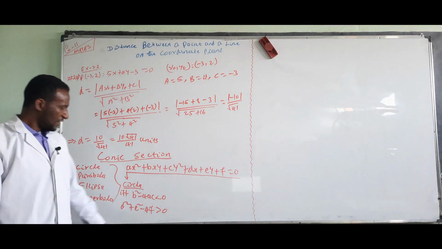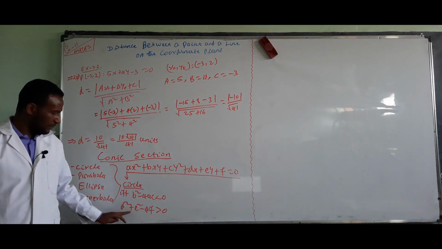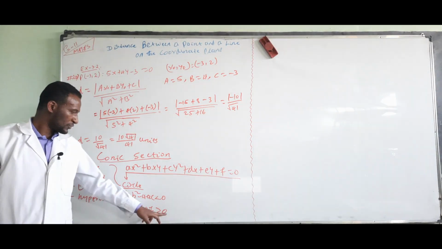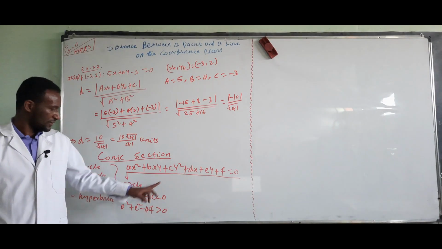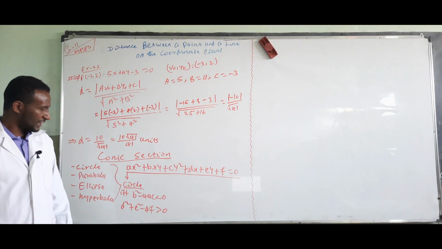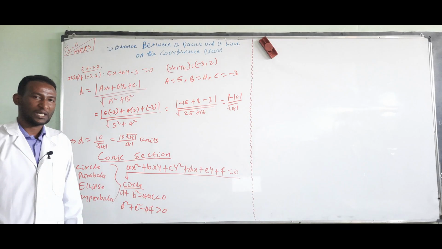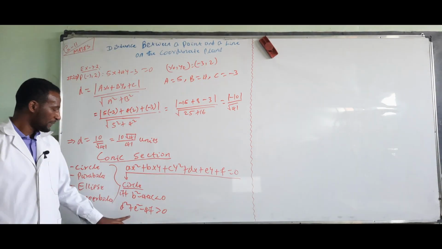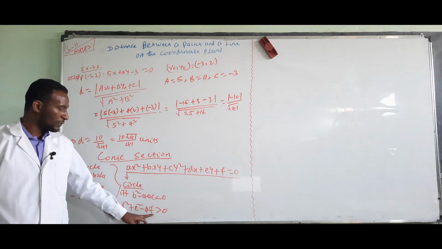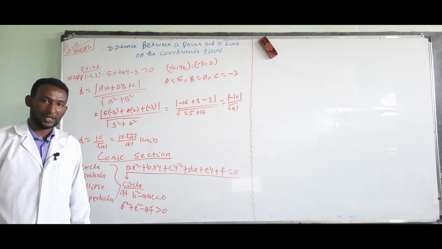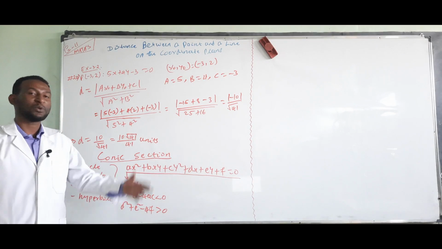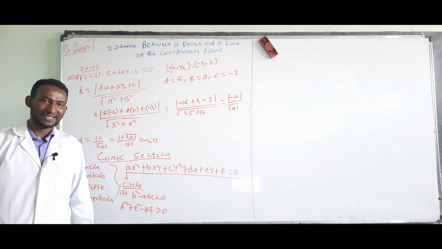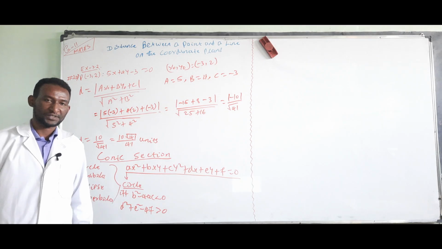But if d square plus e square minus 4f is equal to 0, the given equation is a point. If d square plus e square minus 4f is less than 0, this general equation becomes nothing. That cannot be a circle, that cannot be a point.